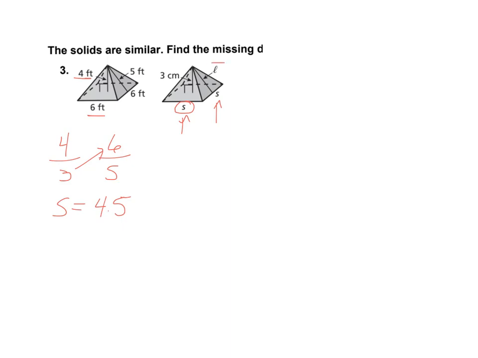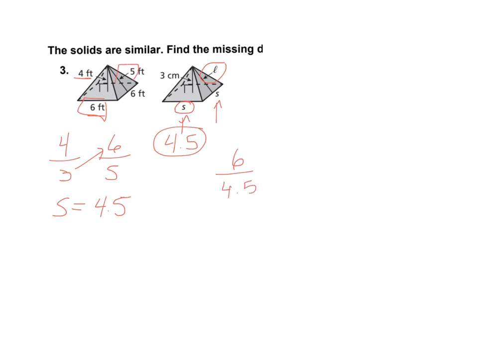Now, they want us to find this slant height. So once again, I'm going to find two things that are in corresponding positions. And we could even use the new one that we just found. So let's say 6 corresponds to 4.5.